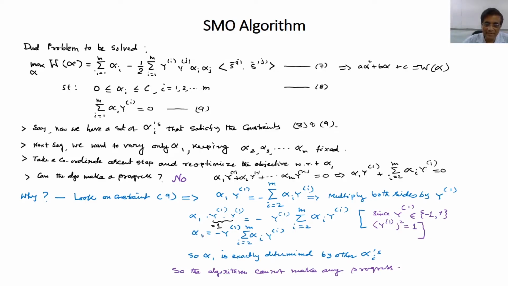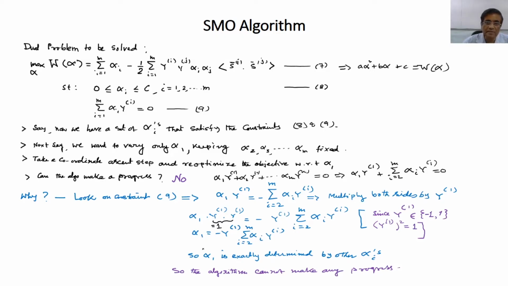Why? Because alpha i for i equals 2 to m, for all the other samples, is constant, and this is a label. So alpha 1 is exactly determined by the other alpha i's which you initially select whimsically to initiate the algorithm. But the moment you select them, there is no way that alpha 1 can be changed. The simple expression is telling you that.